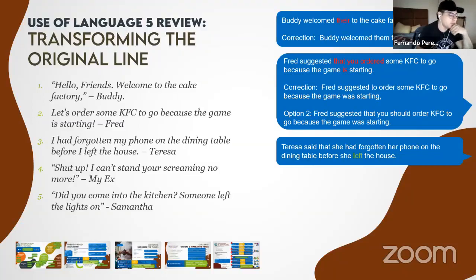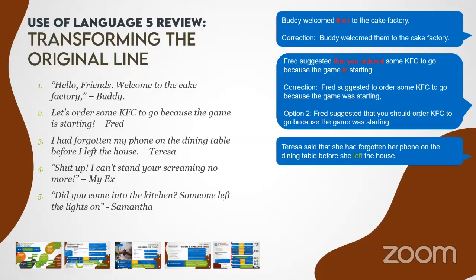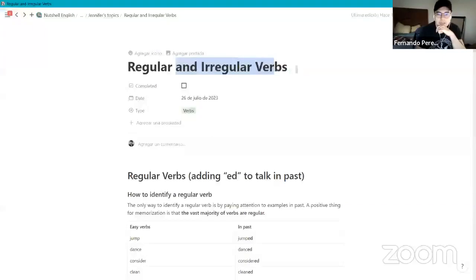Okay, I'm going to show you how I am working with irregular verbs with a student in a one-on-one class. That's for everybody, in this case Benji, Cesar, and Laurita. If you want to memorize irregular verbs, you need to use this: regular and irregular verbs.